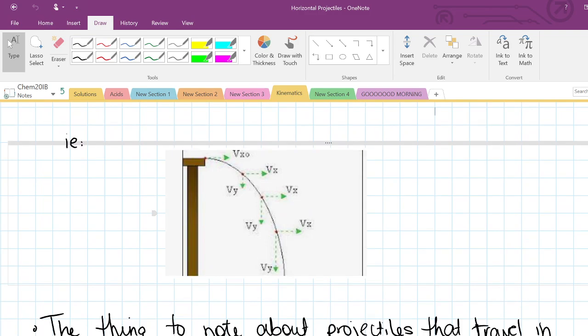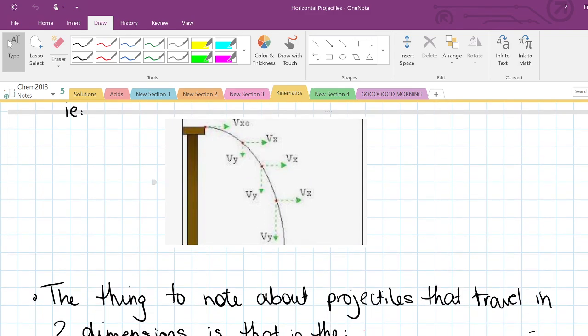There are a couple of things that we set up as our starting point when we look at any type of projectile. We make a couple of assumptions, and we do that a lot in science. In this case, we make assumptions about the motion of the object.